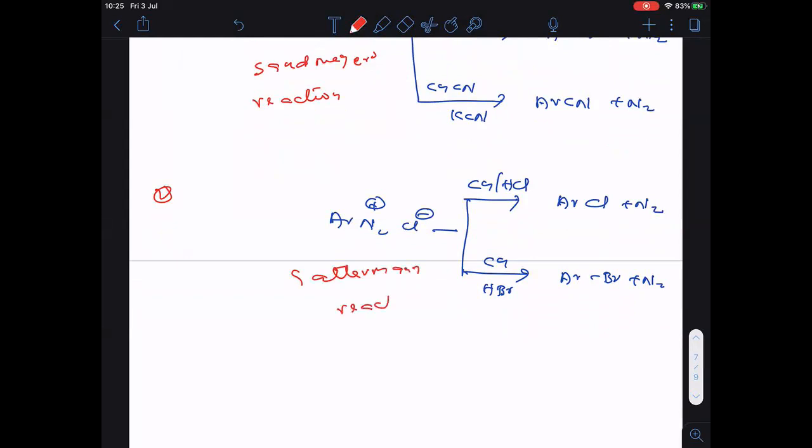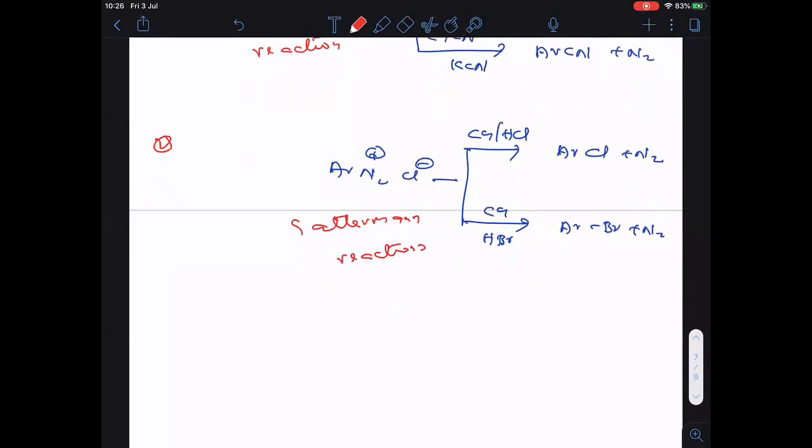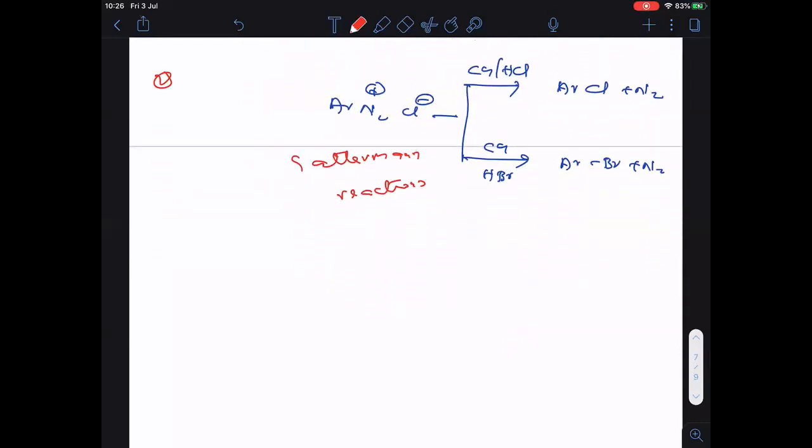These reactions are called the Gattermann reactions. Completed.